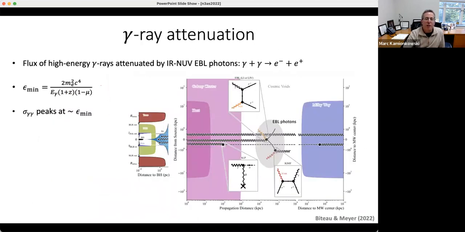So if you have optical photons in the universe and a high energy photon of gamma rays propagating through this cosmic optical background, if the gamma ray energy is high enough so that the center of mass energy of the 2 photons is greater than the rest mass energy of the electron-positron pair, you can pair produce electrons and positrons and thus attenuate the propagation of gamma rays through the universe.